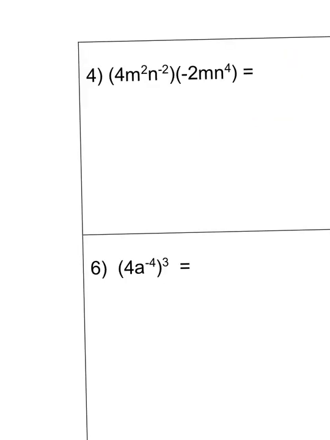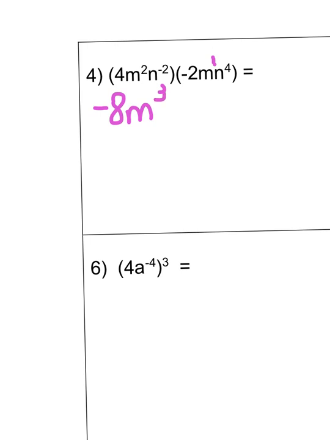As we look at number 4, I like to do what we have done in the past, which is we just multiply our coefficients and add our exponents. So I would end up with -8, and then see this m, it has an understood 1 there. We're going to add the exponents because they're being multiplied.